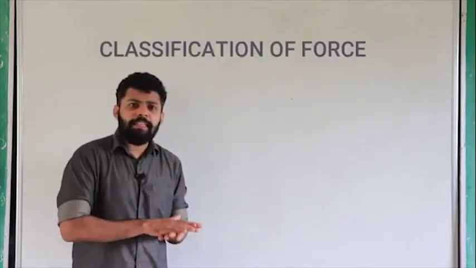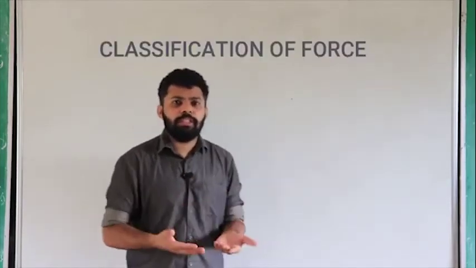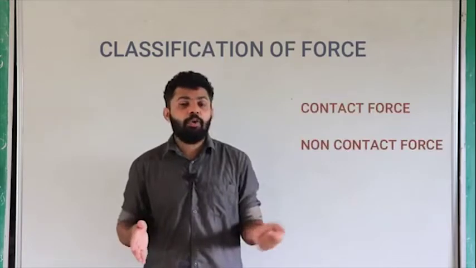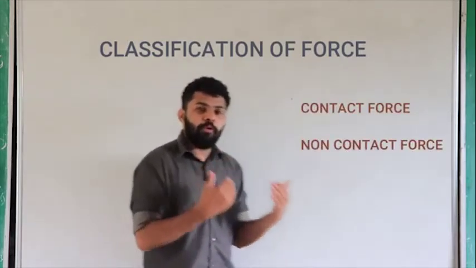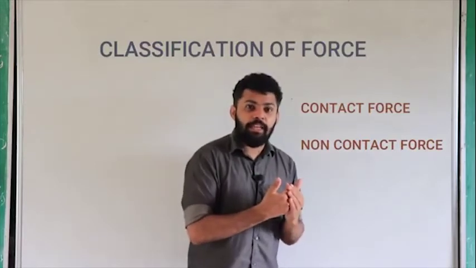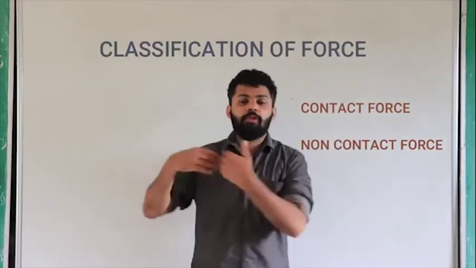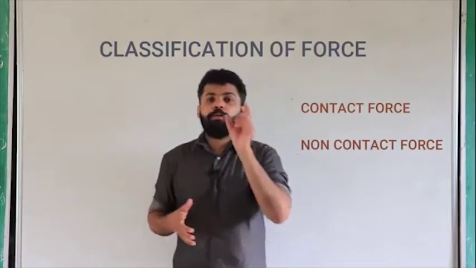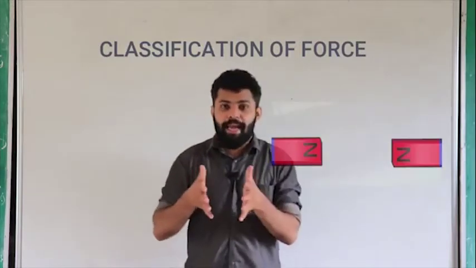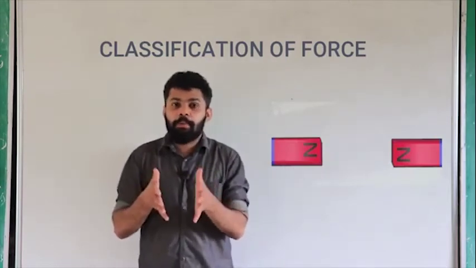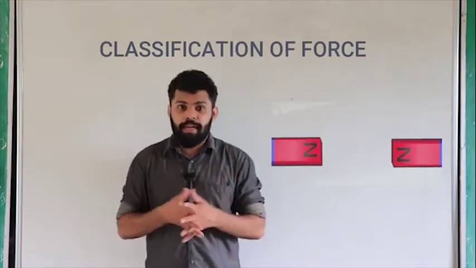You can classify forces into 2 types. They are contact force and non-contact force. If 2 objects are interacting with each other without contact, then that is called non-contact force. One example is 2 poles of magnets, which can apply force without contact.